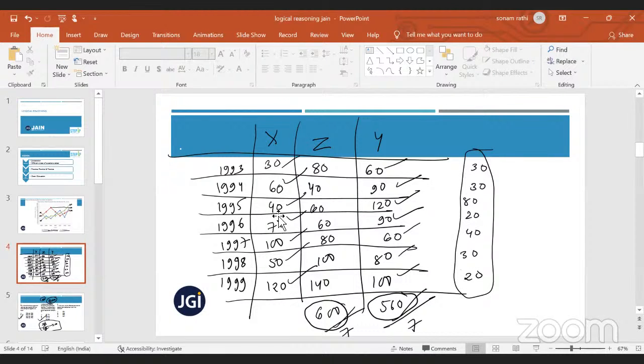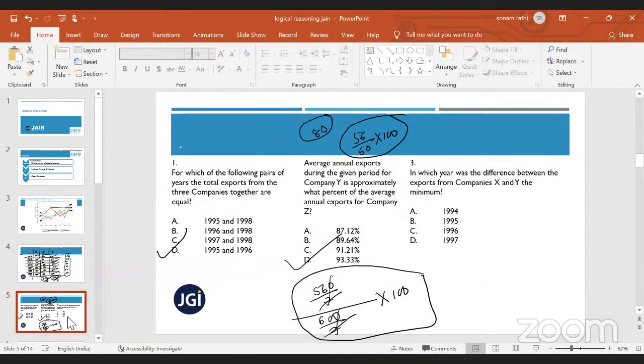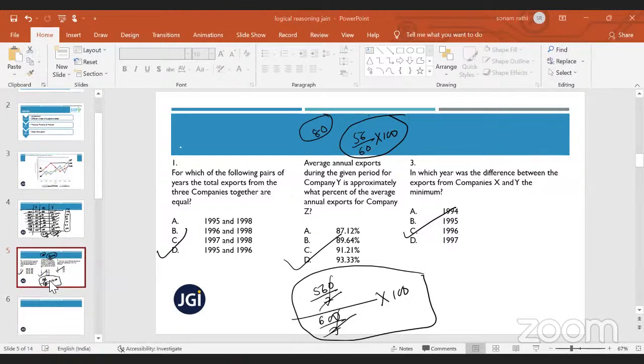In 96 it is minimum, and 99 it is minimum. 99 is not given in the option. So answer is option C. Right? Yes, because 99 is not in the option. Got it, everyone? All 3 questions.